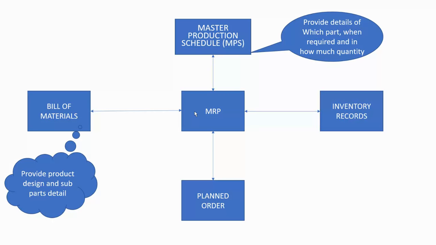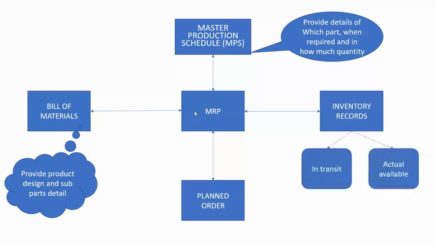Next and most important, inventory records. There are two types of inventory: one is in transit and the other is actual available. In transit means, for example, you have ordered 1000 impellers, and the supplier has shipped them, but they are in transit between transport and have still not reached.